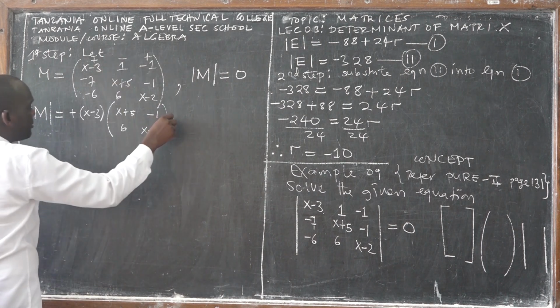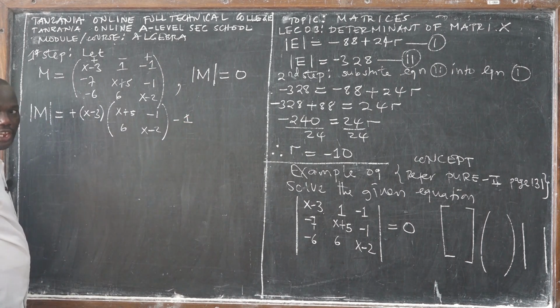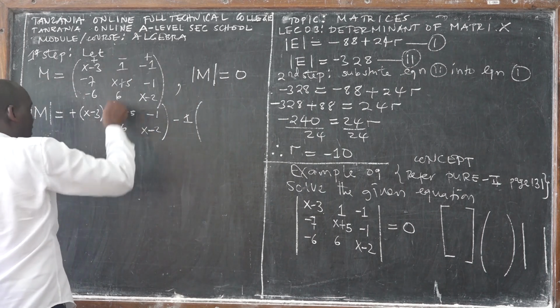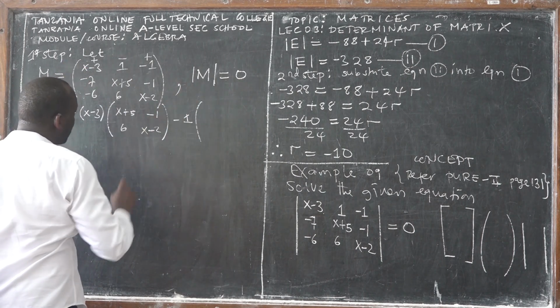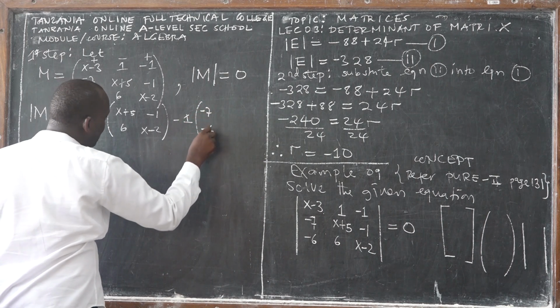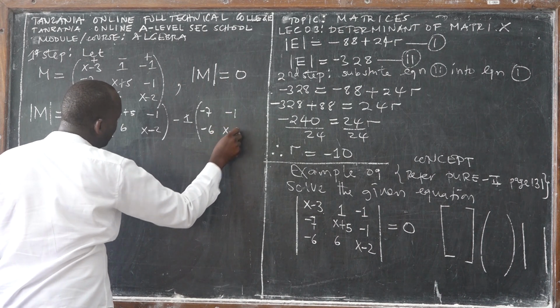Then we have the negative sign, so this is minus 1. We delete this column and this row. We have -7, -1, -6, x minus 2.